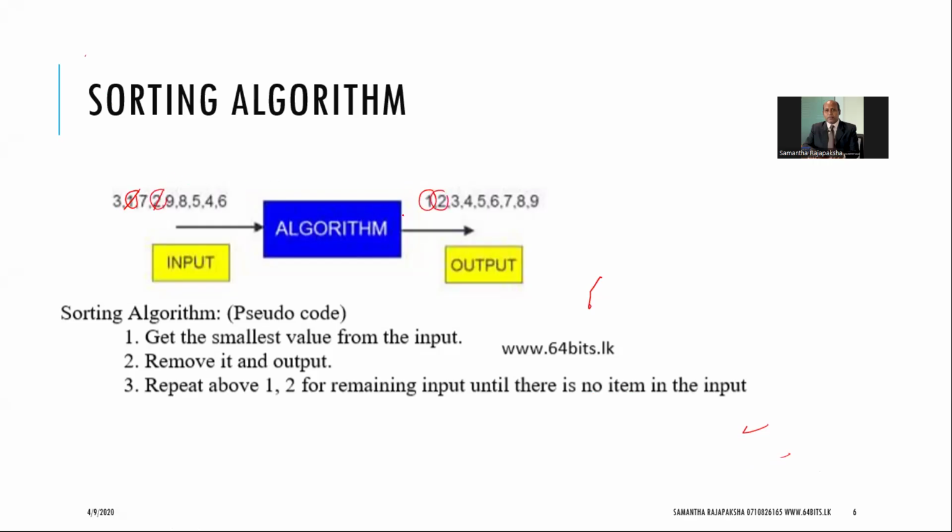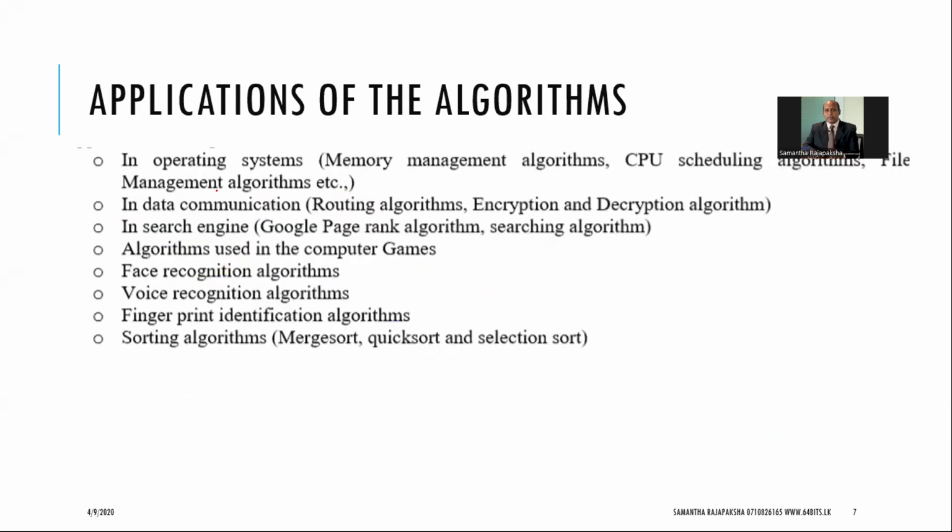As you can see, when you continue this, you get all the numbers in ascending order, and you have to continue this until this side is empty. So that is an algorithm we can write to sort the numbers in ascending order.